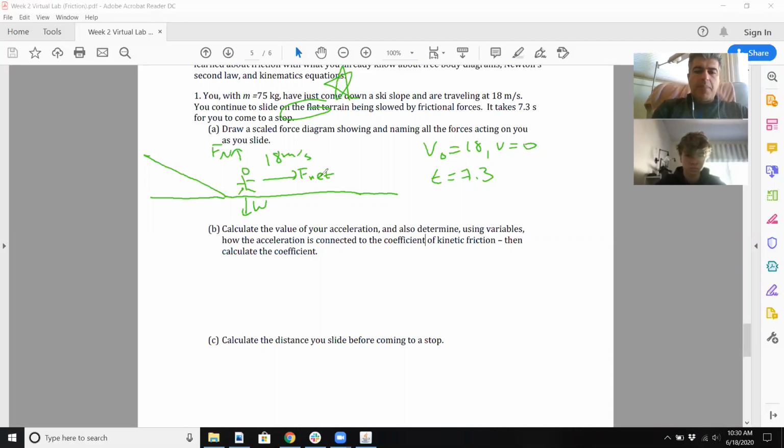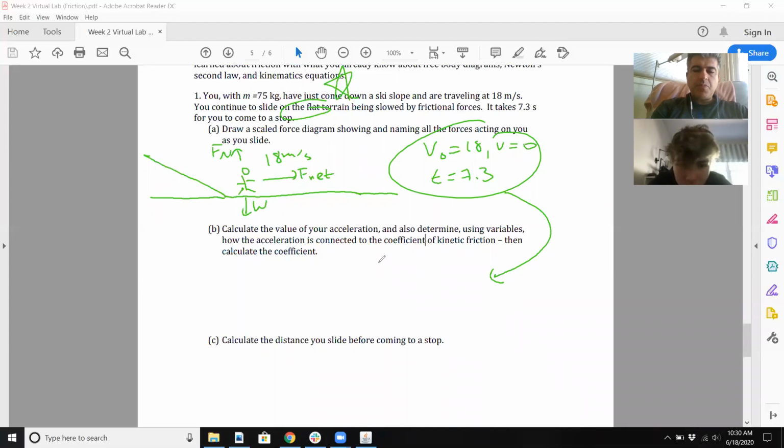But now we go to part B. We calculate the value of the acceleration, which would go down here. Remember, our x minus x0. I also determine using variables how the acceleration is connected to the coefficients. Okay.